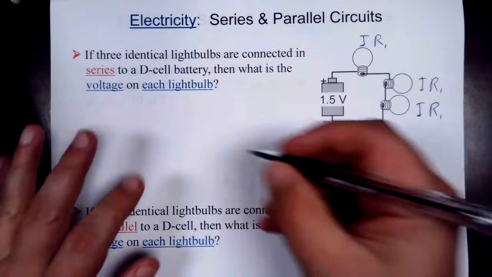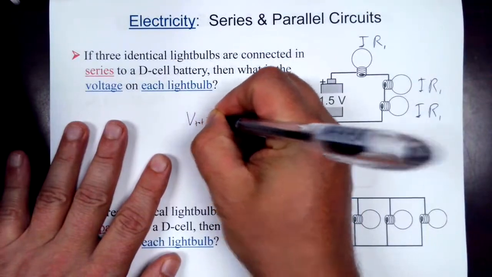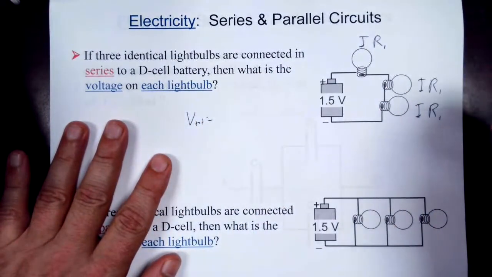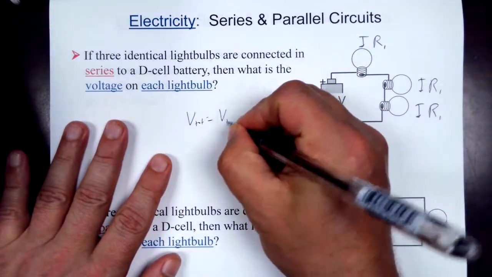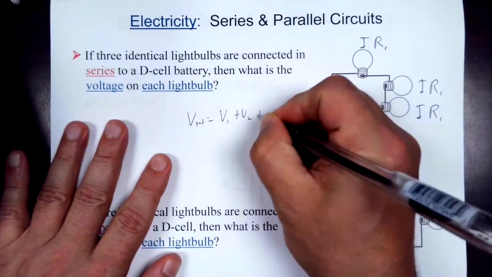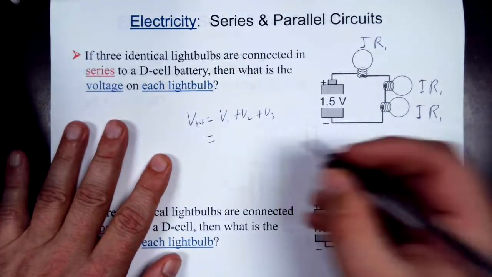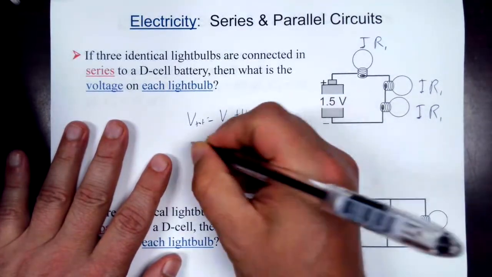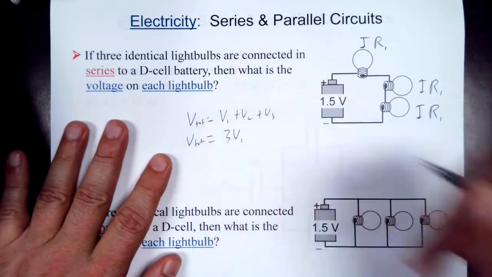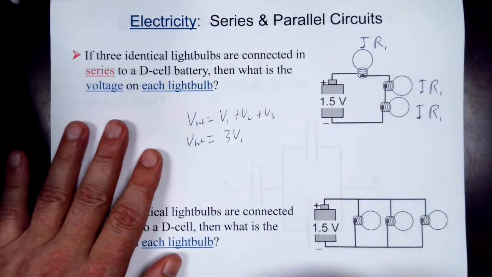If we add it up, V total is equal to V1 plus V2 plus V3, and since they're all equal to each other, that is equal to 3 times the voltage of 1.